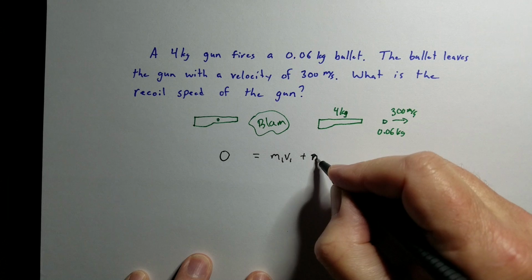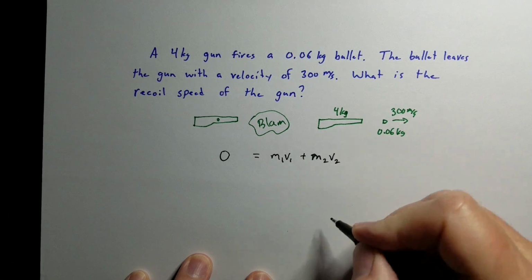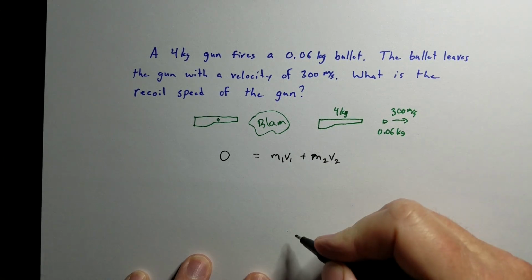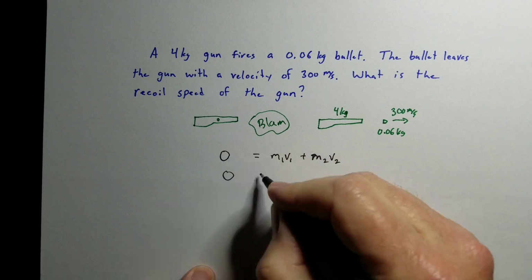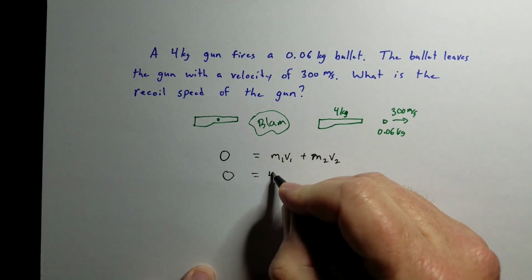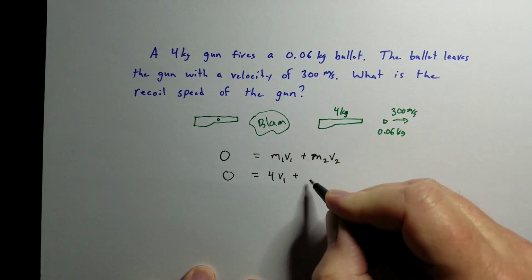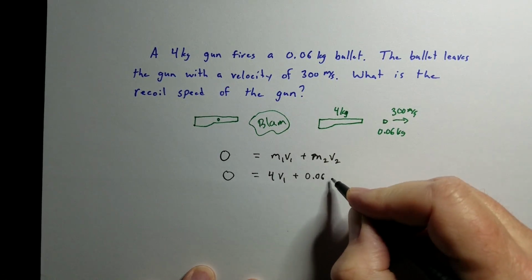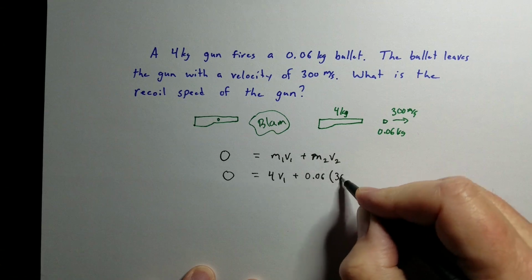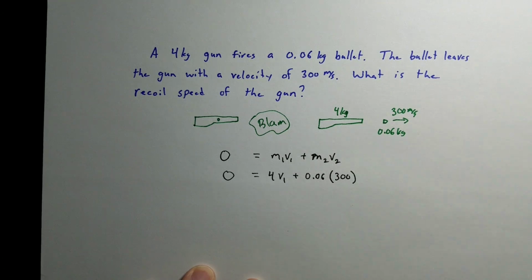Plus the mass and velocity of the second object, again, with or without the prime. So everything starts off sitting still. We've got a 4 kilogram object at some velocity we don't know, plus the 0.06 kilogram object traveling off at 300 meters per second.